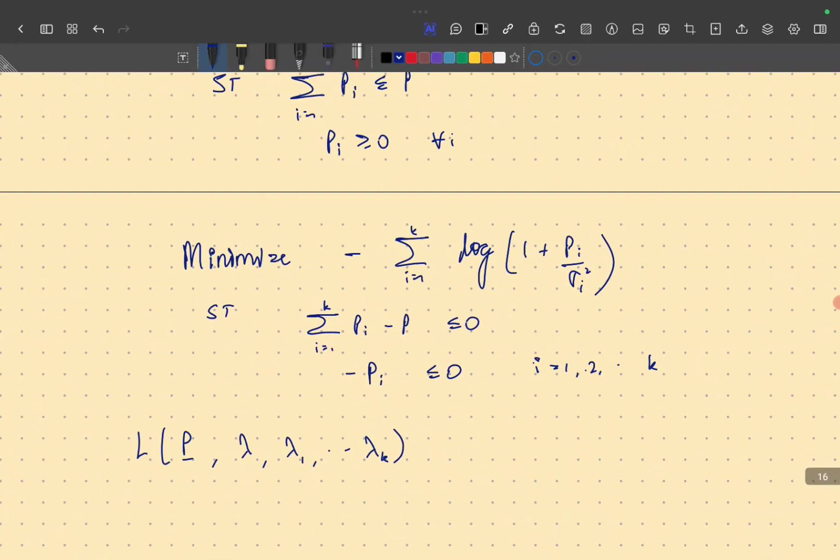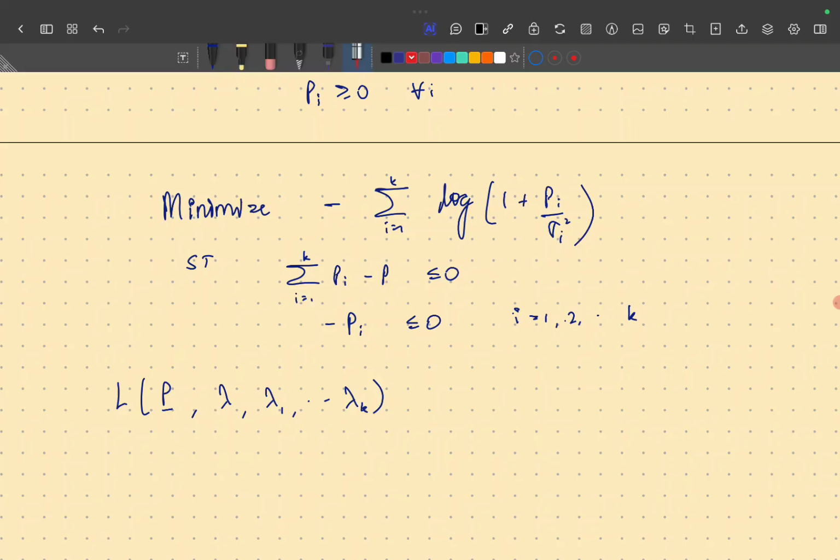The third constraint, I want p_i to be greater than or equal to 0 because it's a power. It has to be non-negative. I've just brought it to standard form by bringing it to the other side, minus p_i. You are saying that in every channel some power should be... Less than or equal to 0. It can be 0. But it can't go negative.